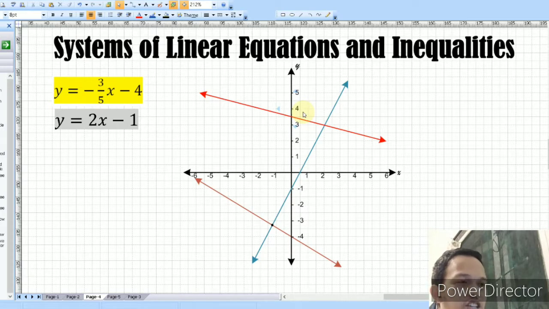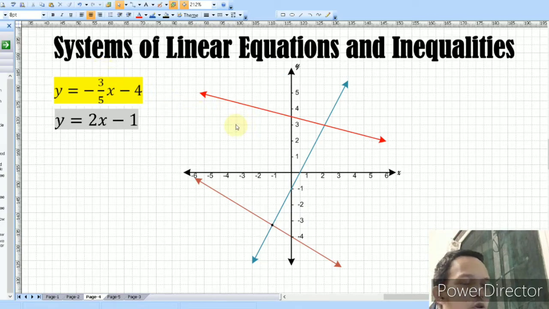The intersection between the red line and the blue line is at this position, the intersection between the blue line and this line is at this one, and the intersection between this line and this line is around there. It's far away, but they will intersect each other.